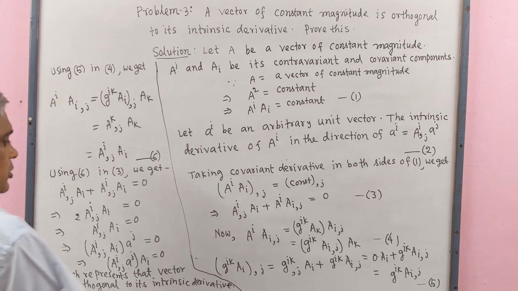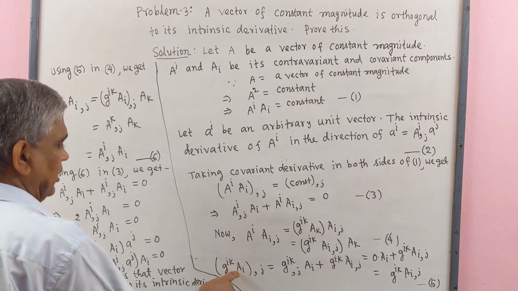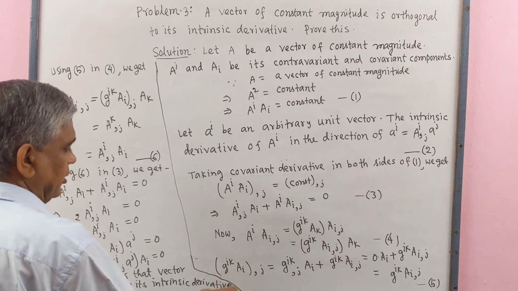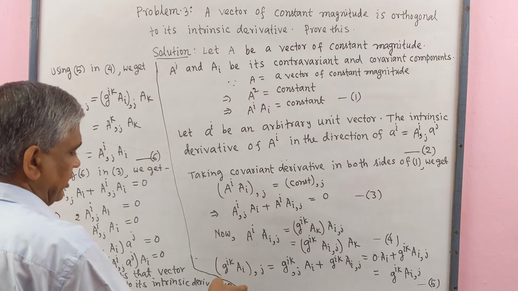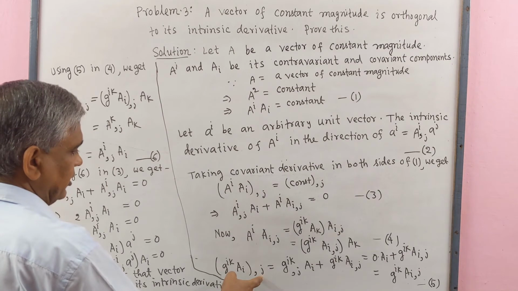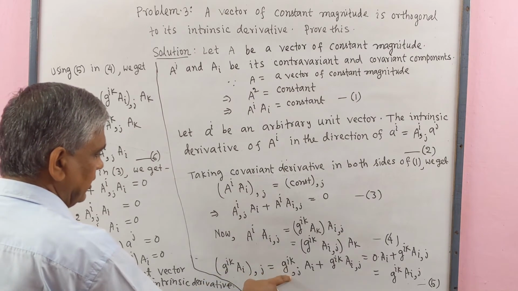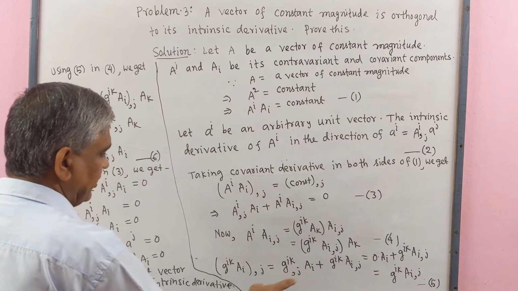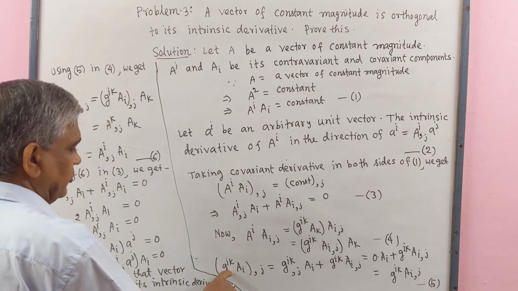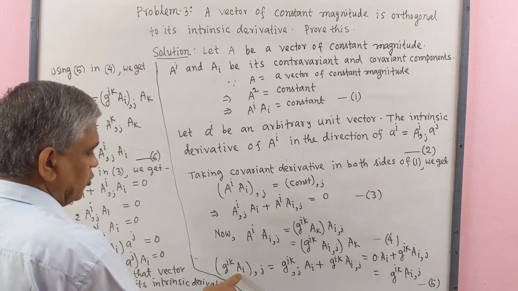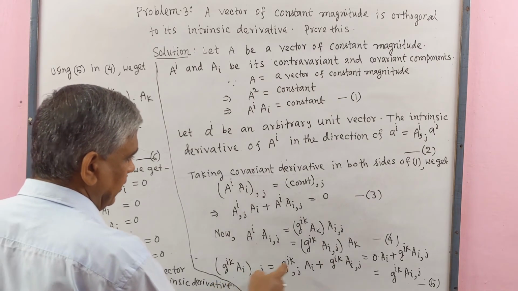Now g^ik A_i, the covariant derivative of this with respect to x_j equals the covariant derivative of g^ik, A_i remains the same, plus g^ik remains the same, covariant derivative of the covariant vector A_i.